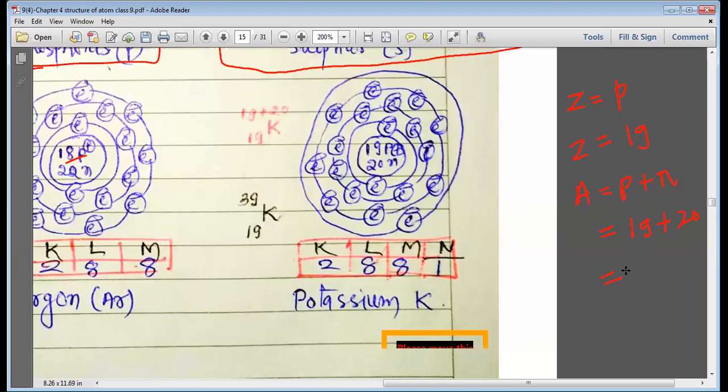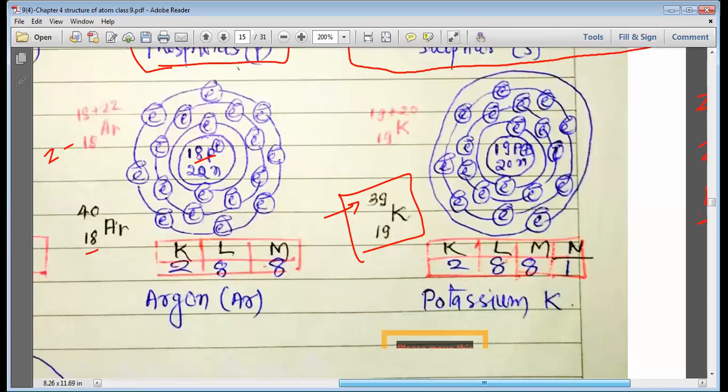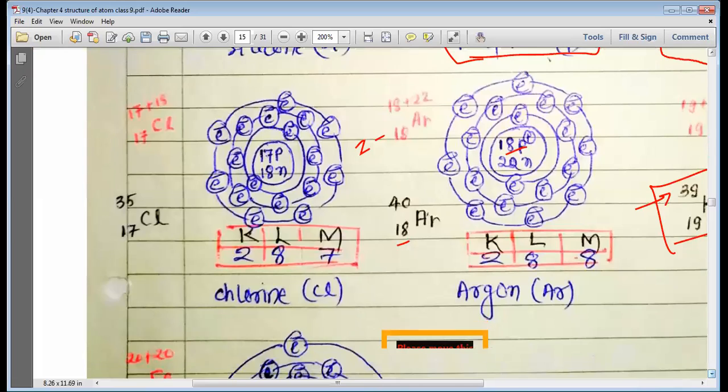If we sum up, we will get 39. So atomic mass number is 39 and atomic number is 19, and that is why we write it as 19 potassium K 39. We are all aware that we write the atomic number as a subscript, and we write atomic mass number as a superscript for expressing any element.